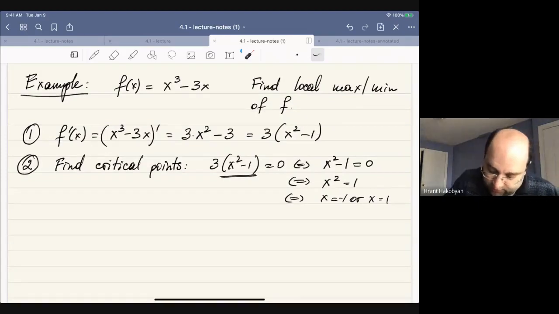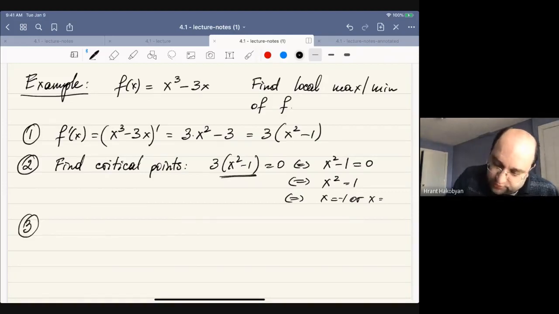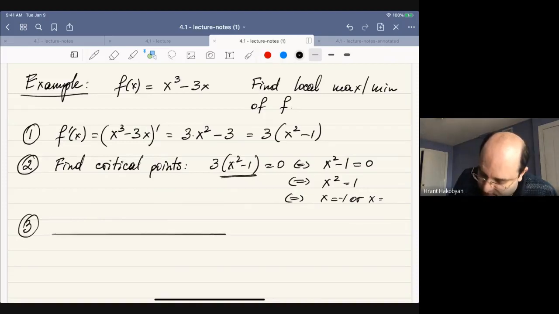Then I'm going to do the number line. I'm going to draw the number line here, and I'm going to indicate the critical points. The critical points here were negative 1 and 1. I don't have any other points.